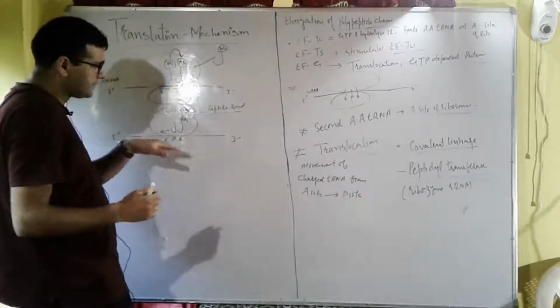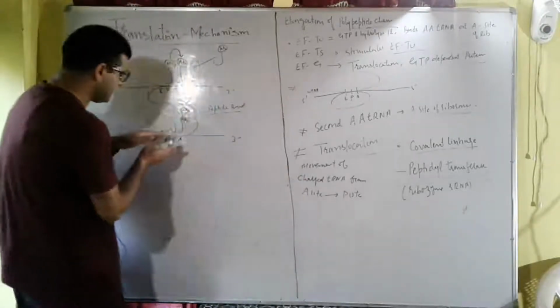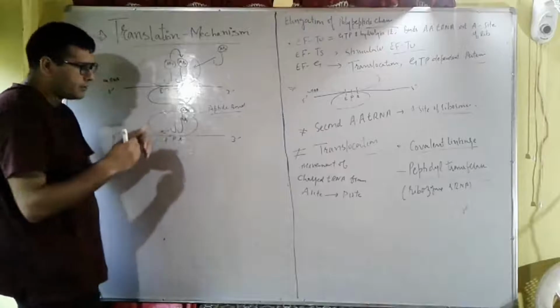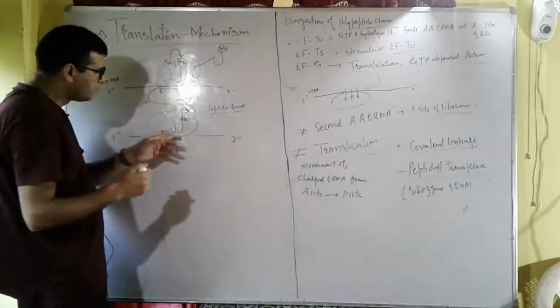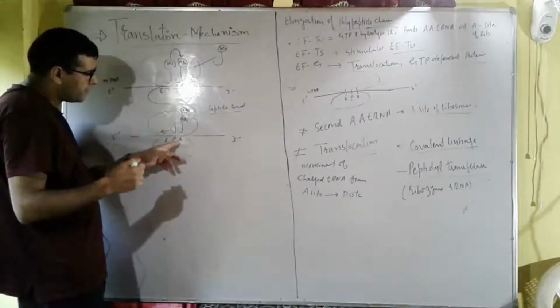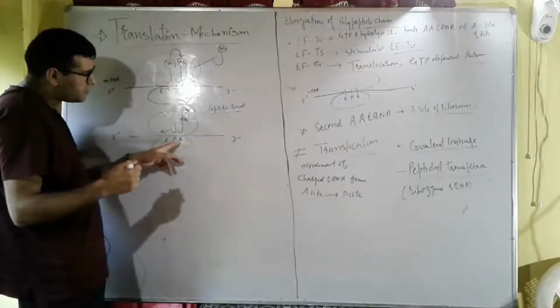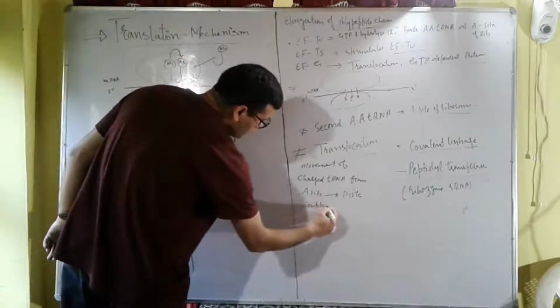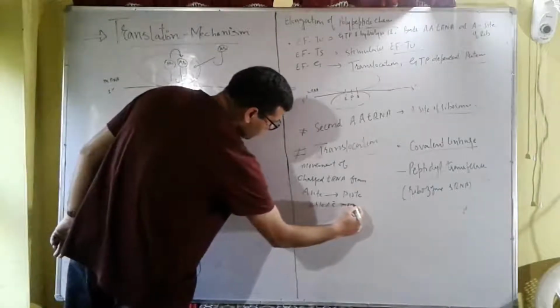And when there is the movement of tRNA, in addition to this, it is coupled with the movement of codons of mRNA, so that all the codons will get exposed at the A site.